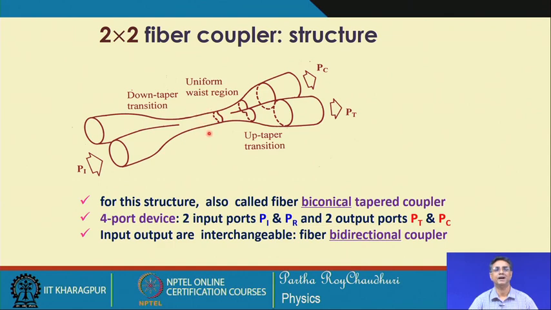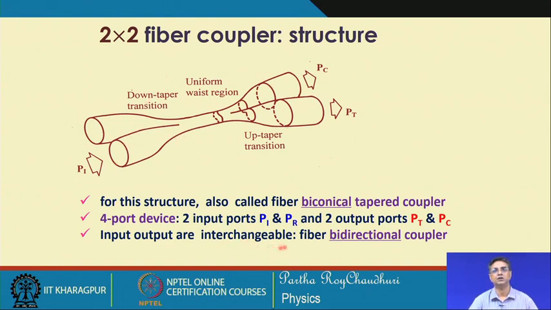So, it will see a common cladding where the field will flare out more and hit the second waveguide. As a result, there will be an optical interaction and light which is launched into one of the fibers will be available in both the fibers. So, it normally behaves as a beam splitter.